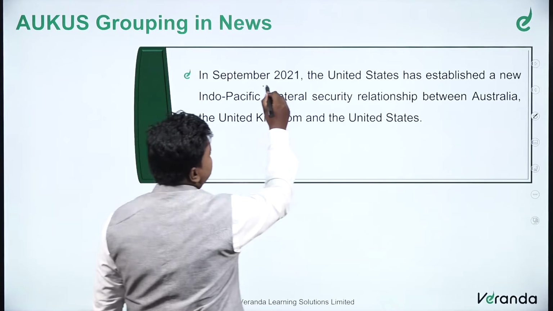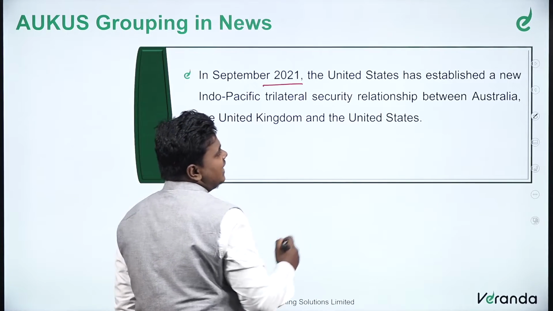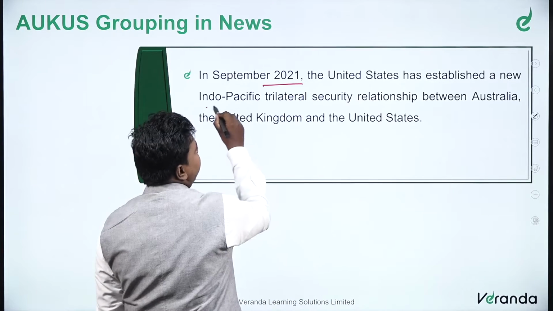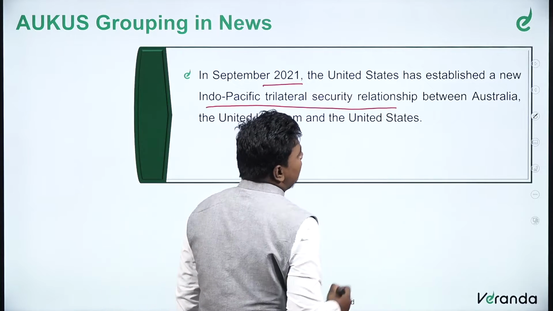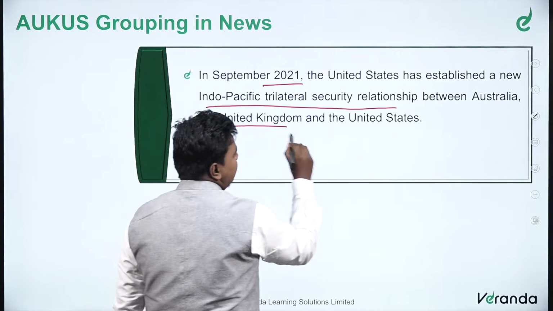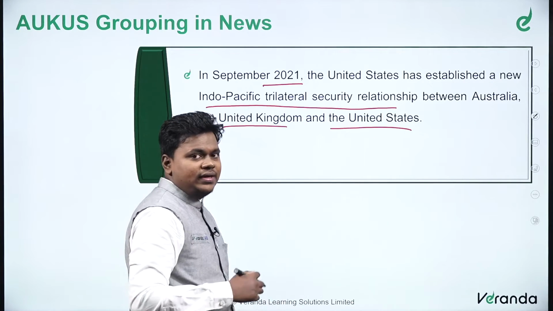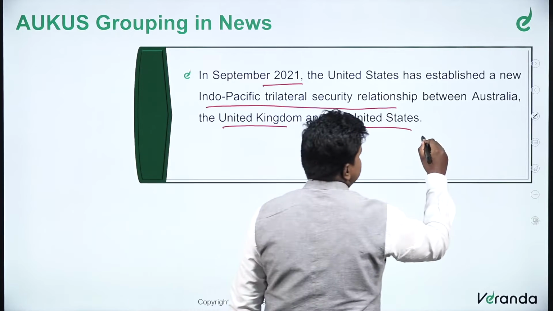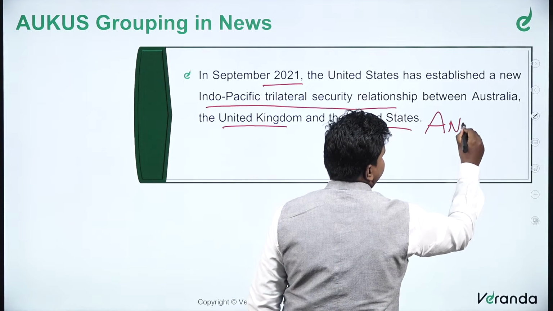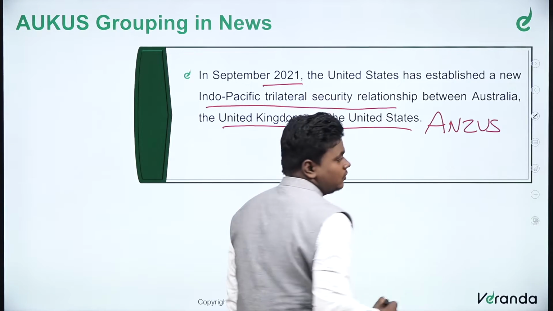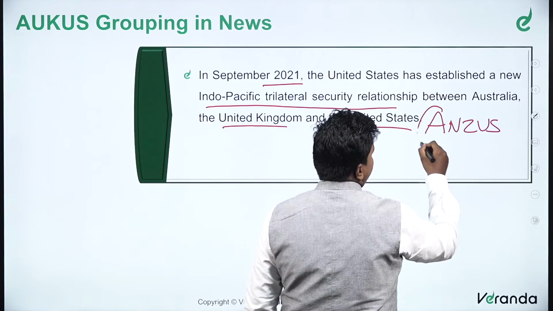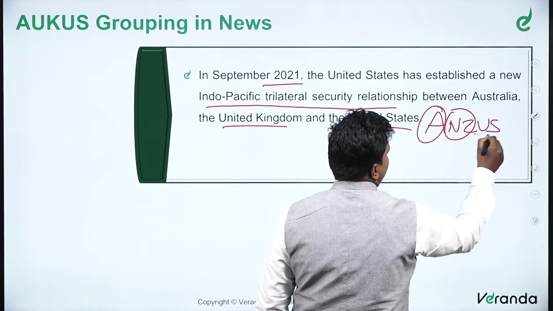So why is this group in news? In September 2021, the United States established a new Indo-Pacific trilateral security relationship between Australia, the United Kingdom and the United States. Before that we had a group called ANZUS, which was a grouping of Australia, New Zealand and the US.